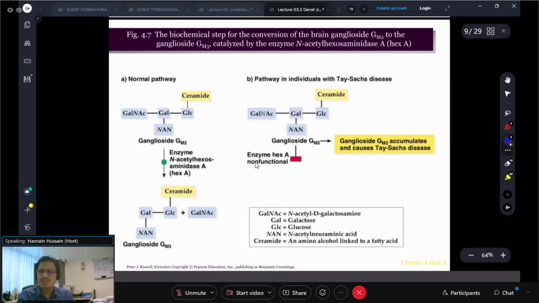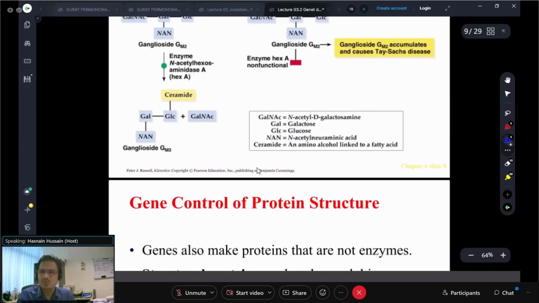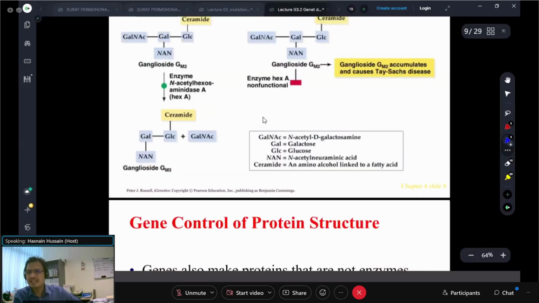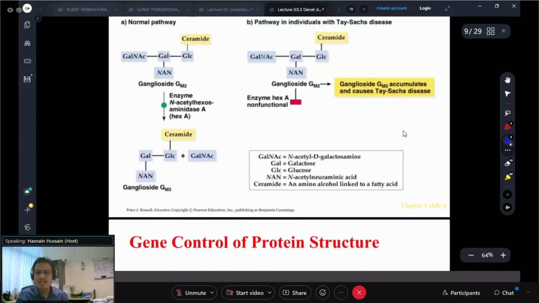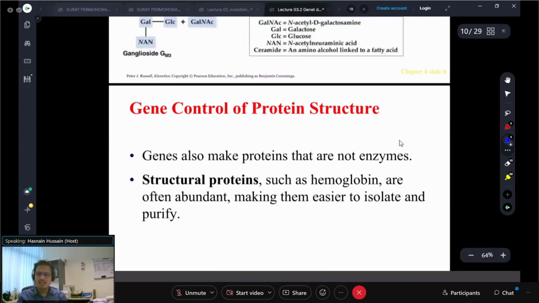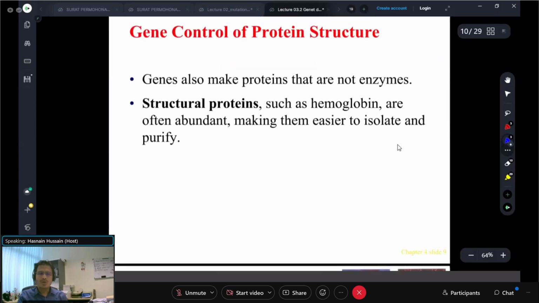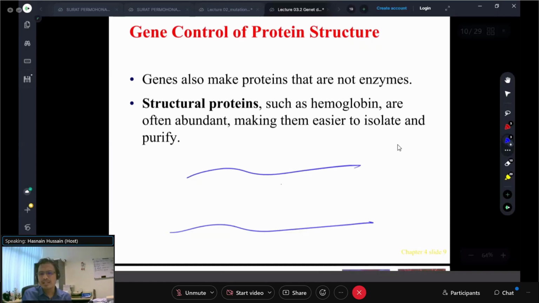So this one is further explanation of Tay-Sachs disease, whereby the inability to convert into the product for the next reaction stops over here. So accumulation of this causes Tay-Sachs disease. All right. Remember the DNA on our chromosome can produce an enzyme, and it can produce protein.